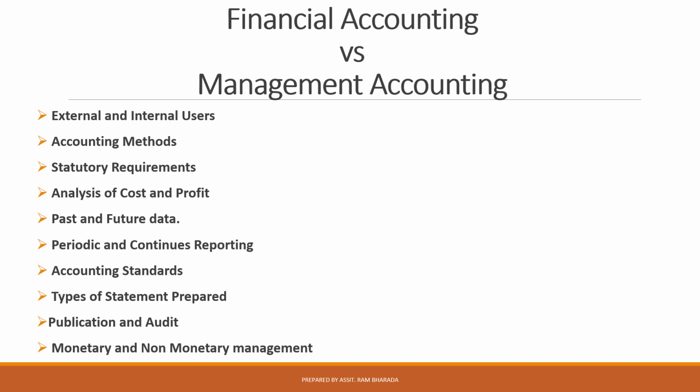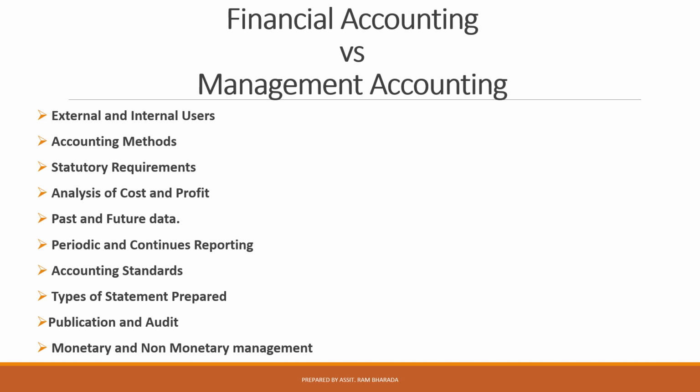Financial accounting is all about past data, whereas management accounting is about future data. In financial accounting, periodic reporting is compulsory. In management accounting, it is not compulsory. For preparation of financial accounting, we use accounting standards, but in management accounting, no accounting standards are there. In financial accounting, we mainly prepare the profit and loss statement, balance sheet, and cash flow statement.